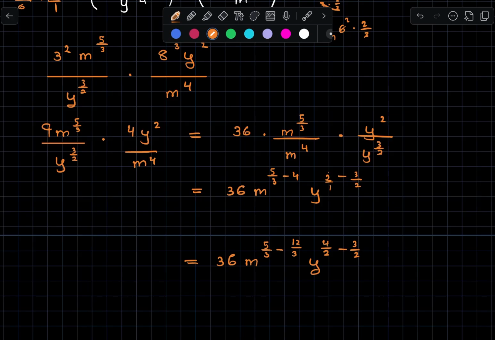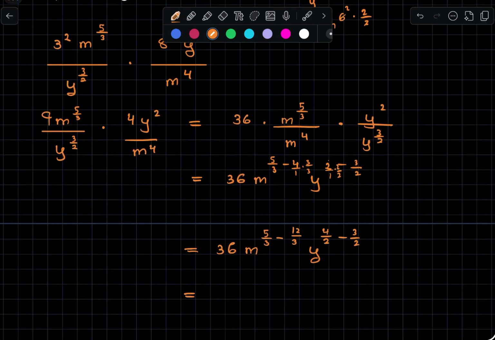Right, so you can think of these as ones. We're going to do the same operation on the top and bottom. This can give us those values. Okay. 5/3 minus 12/3, that's going to give us negative 7/3. 4/2 minus 3/2 is going to give us positive 1/2.